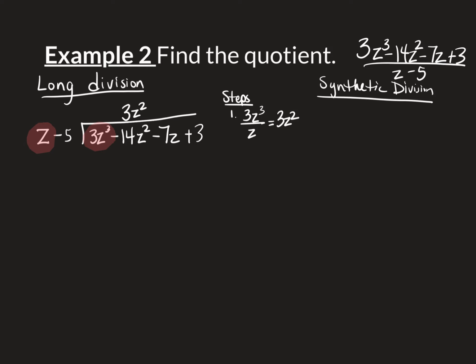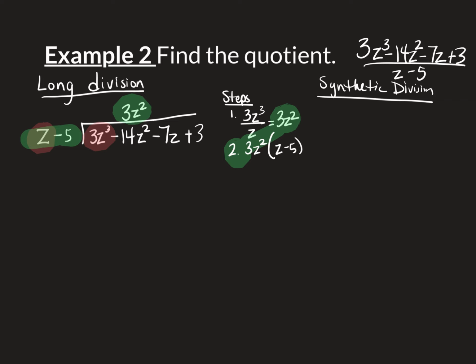Then the next thing you do, you multiply the number you just put up top with the divisor. Another way you can think about it is take this number and use it in step 2. So step 2, the answer we just got multiplied by the divisor.